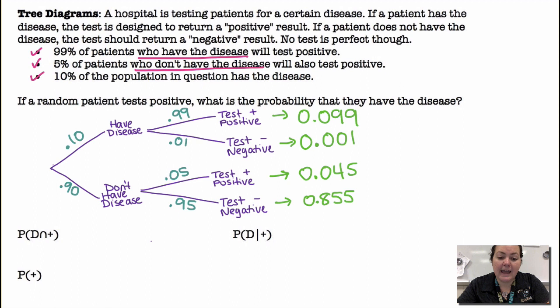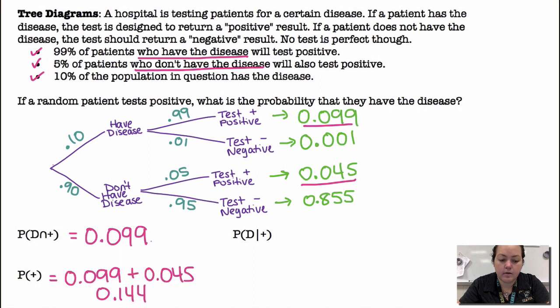All right, probability of D and positive. So the probability that the patient has the disease and tests positive would be going across that first branch, which is 0.099. The probability of a positive, I'm going to add my two positive test answers together. So 0.099 plus 0.045 gives me 0.144.